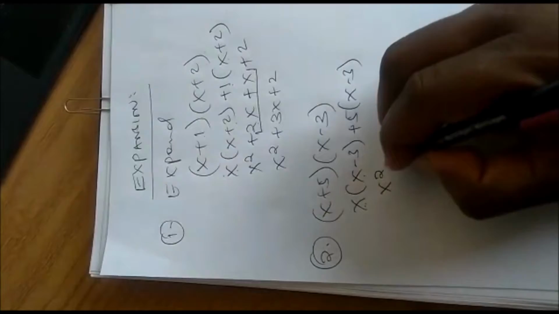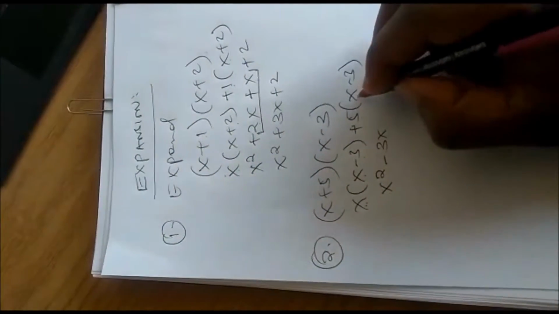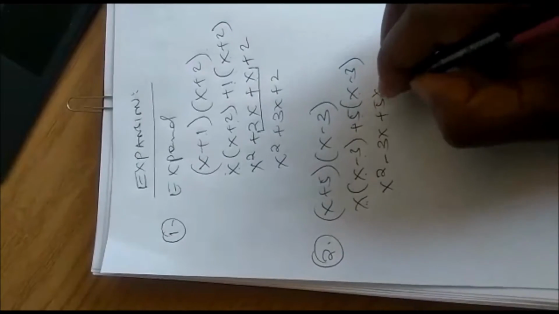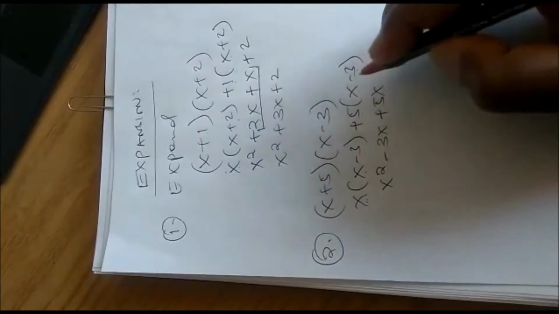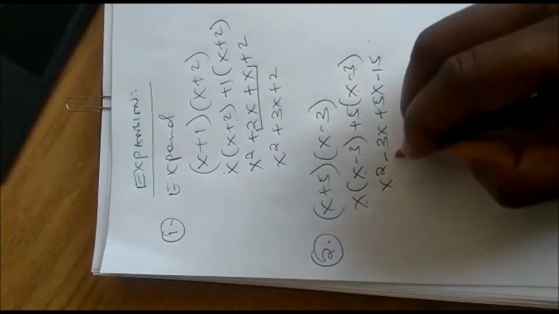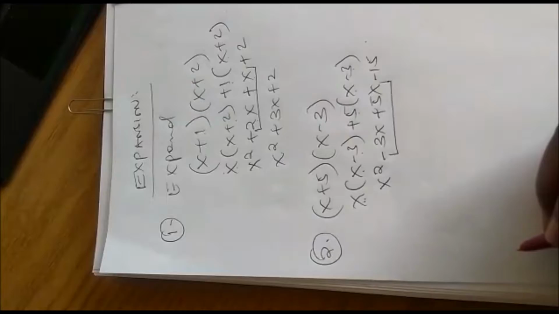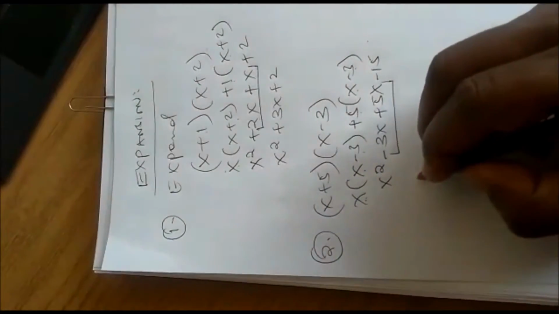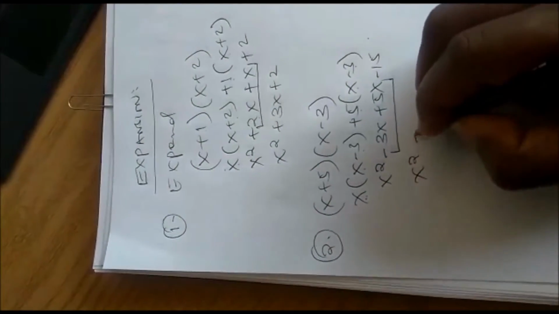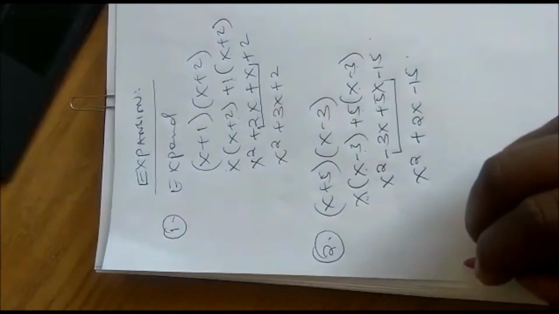X by negative 3 gives us negative 3x. 5 by x gives us 5x. And 5 by negative 3 gives us negative 15. So we will also combine the like terms in the middle there. This gives us x squared plus 2x minus 15.